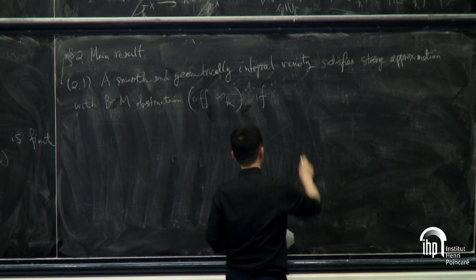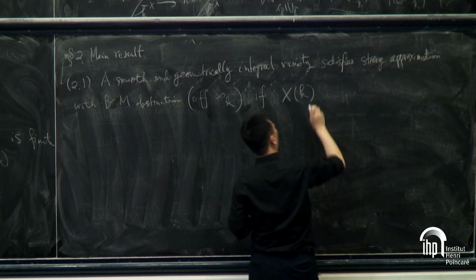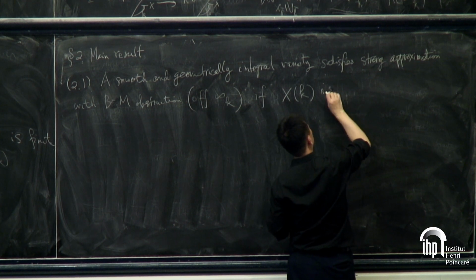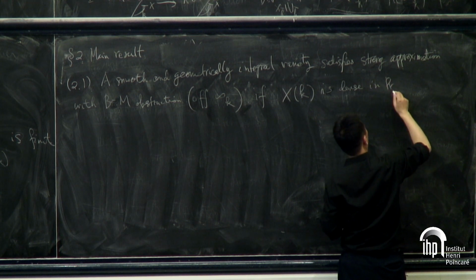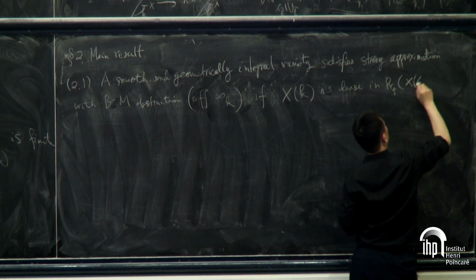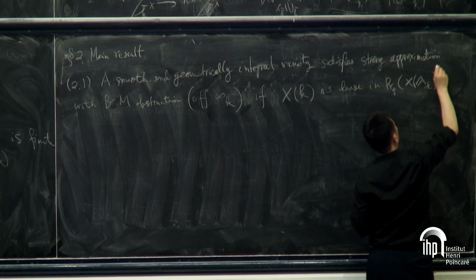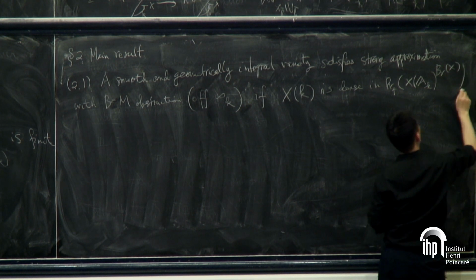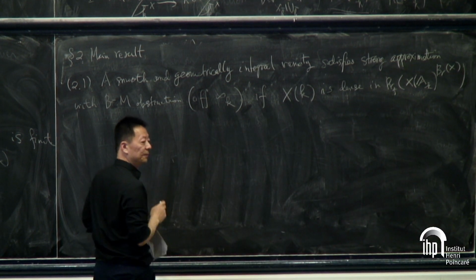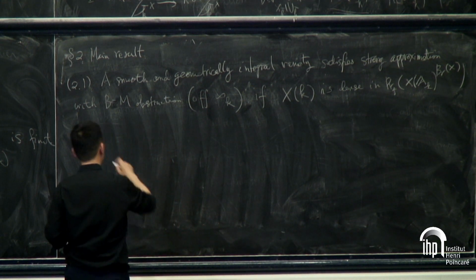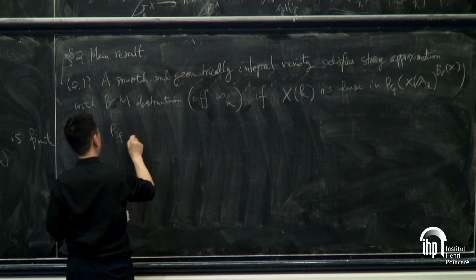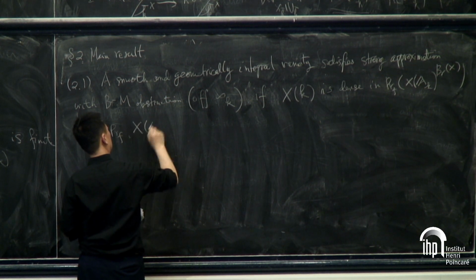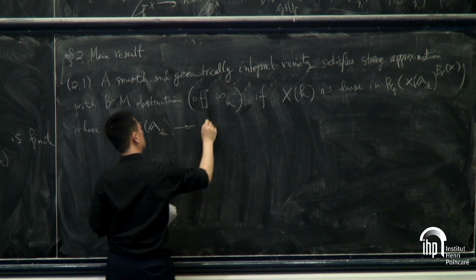If the rational points are dense in the Brauer-Manin set, which projects to these finite ideles. Yes, that's the definition, where pr_f is just the projection map to this.